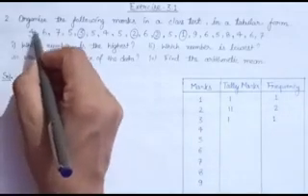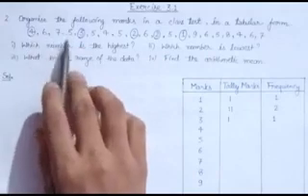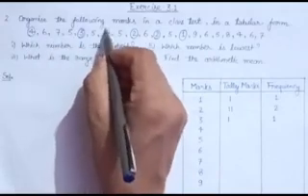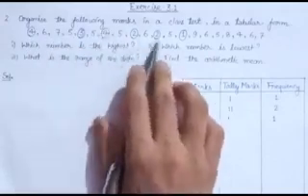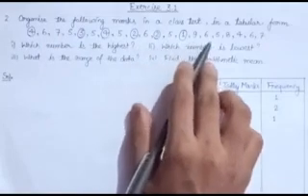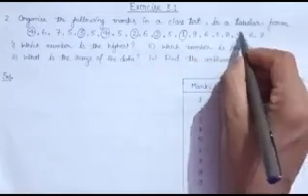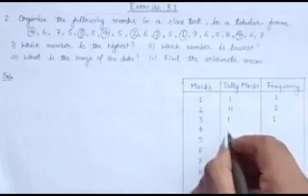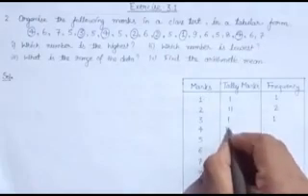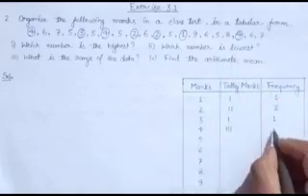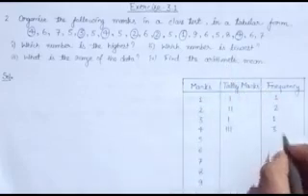So this is our 4. Now this is again 4. And this is one more 4. So 4 has occurred 3 times. So tally marks corresponding to 4 is 3 lines. As 4 has occurred 3 times, so the frequency of 4 is 3.